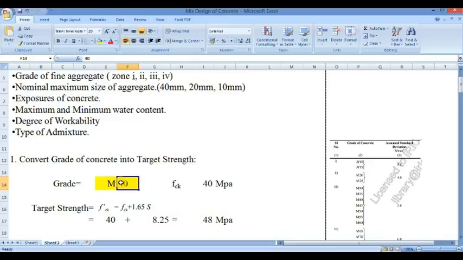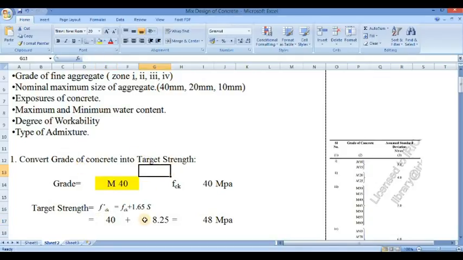To counter that, we have to target some higher strength. You will design for this higher strength, and if there is any mistake at your site, you will still get minimum 40 strength, the grade of your concrete. That's why you have to convert your grade into target strength.